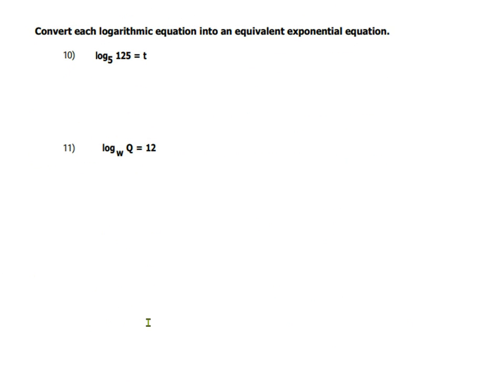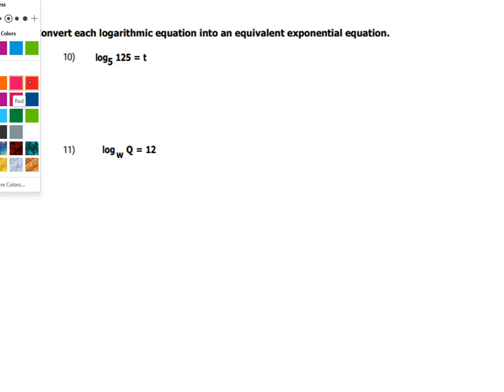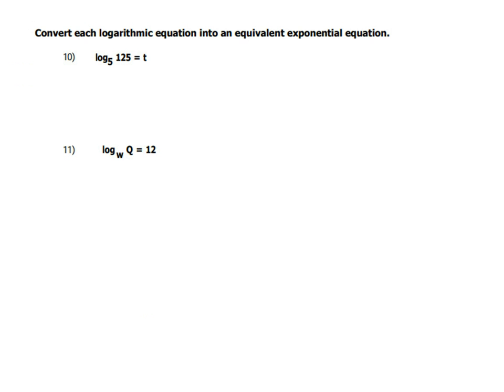And then I'll do these two. Convert each logarithmic equation into an equivalent exponential equation. Again, the base in log land is the same base in exponent land. So this is base 5.